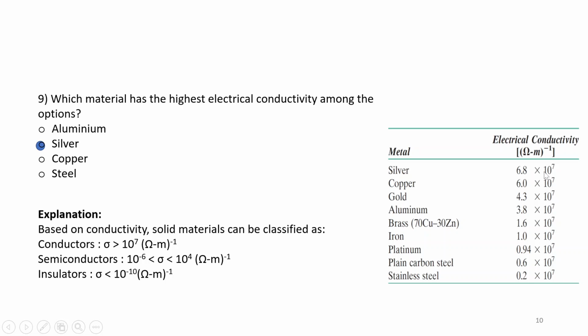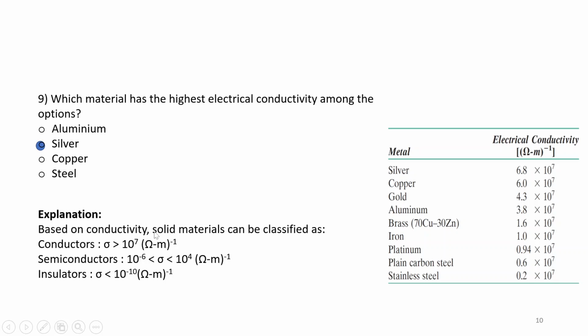For silver it is highest, 6.8, the next is copper, then third highest is gold, then aluminum. We prefer to make wires from either copper or aluminum because they are cheaper compared to silver and gold.